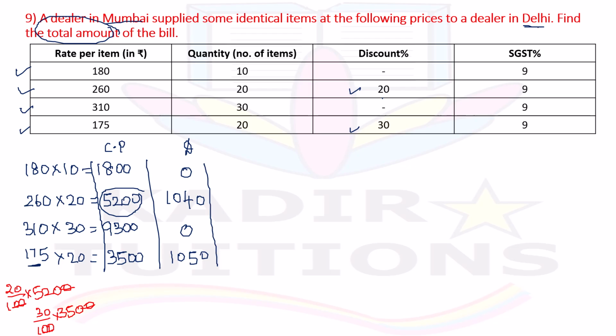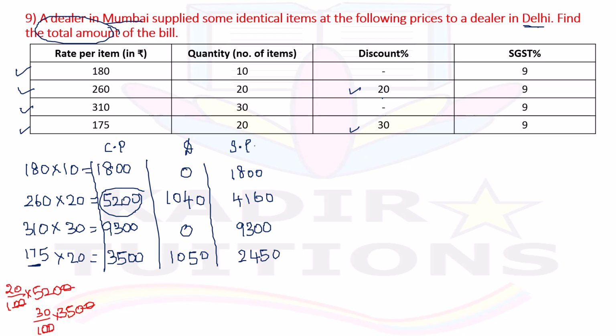I can consider this as the selling price, right? So 1800 minus 0 is going to be 1800 only. 5200 minus 1040 is going to be 4160. And here 9300 minus 0 is 9300, and 3500 minus 1050 is going to be 2450.